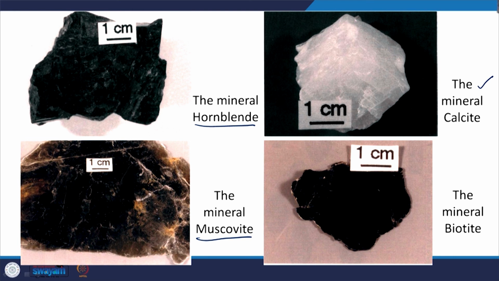Now, have a look at biotite. This is darker in color as compared to muscovite. This also can be split into thin sheets. So, today we learnt about the procedure one can adopt for identification of minerals, the three major procedures.